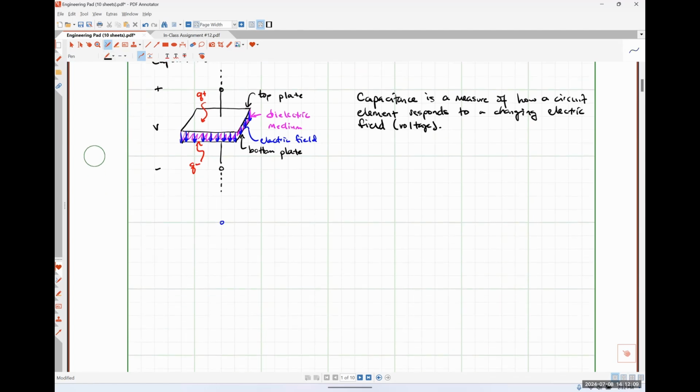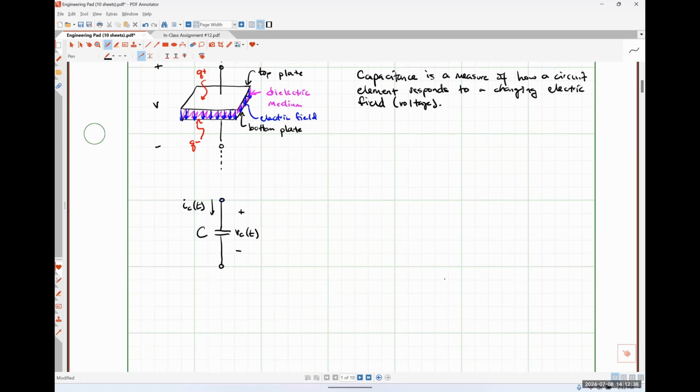The one that we're going to use in this class extensively is this symbol, where we will define our element's capacitance by some number, which I'm just going to call C, which stands for capacitance. The voltage drop across the capacitor would be V of C, and the current flowing through the capacitor would be I of C, like so.